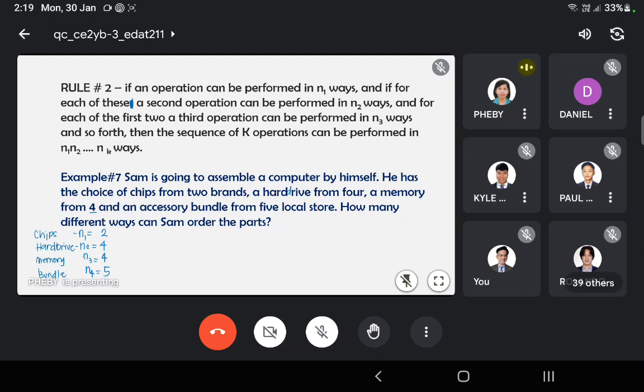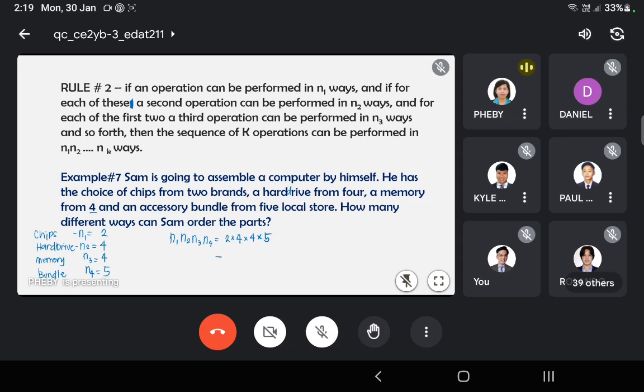So, therefore, how many different ways can Sam order the parts? Okay, so, mag-assemble ka ng computer, kaya ganito kadami yung magiging choices and combinations mo kung kani-kanino ka pa bibili. So, 2 times 4 times 4 times 5.